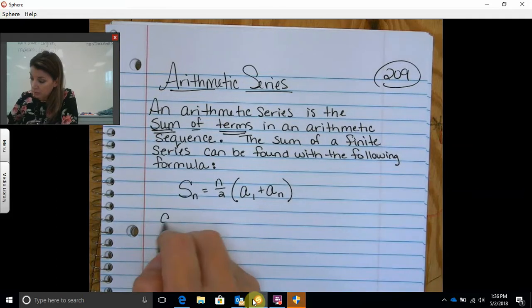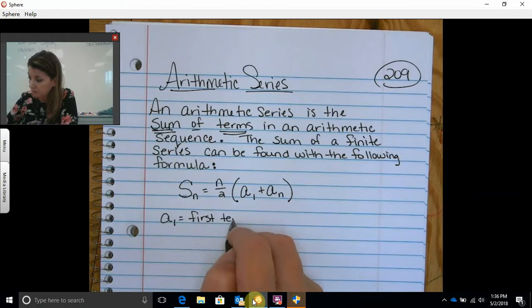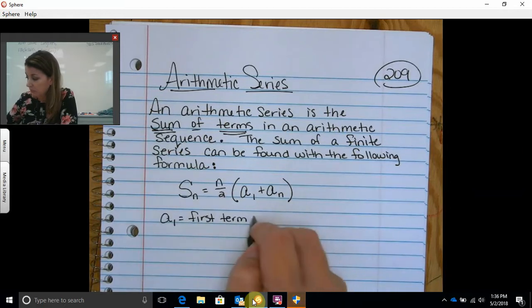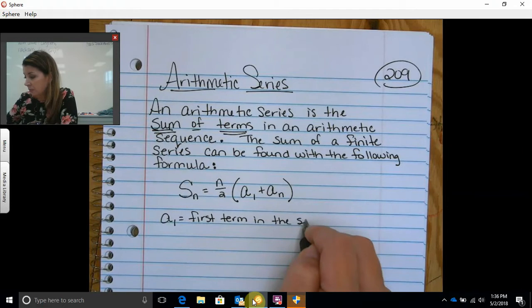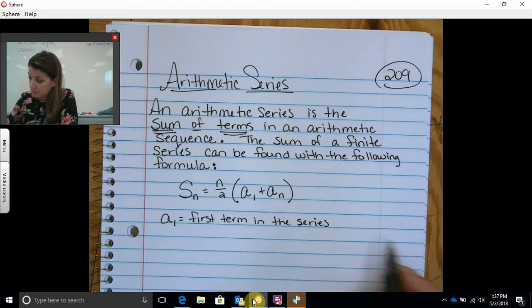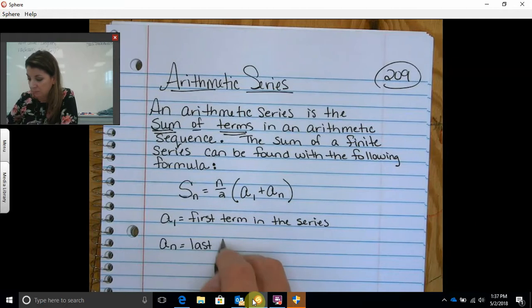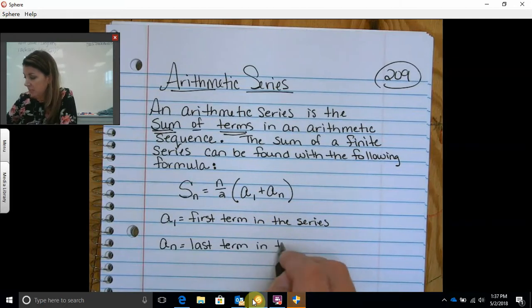So a sub 1 is the first term in the series. A sub n is the last term in the series.